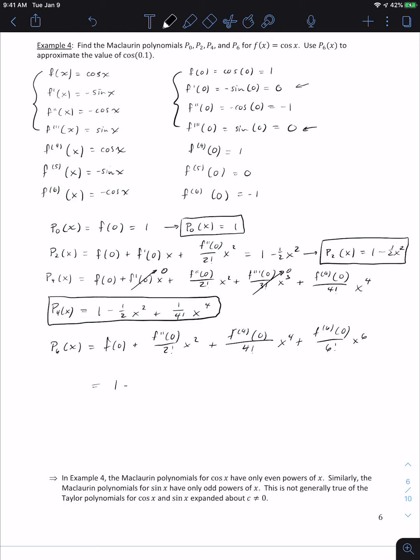All right, so I got 1 minus 1 over 2 x squared plus 1 over 4 factorial x to the fourth. Now what's this? The sixth derivative we know should be negative 1 because of the periodicity of this. So negative 1 over 6 factorial x to the sixth.